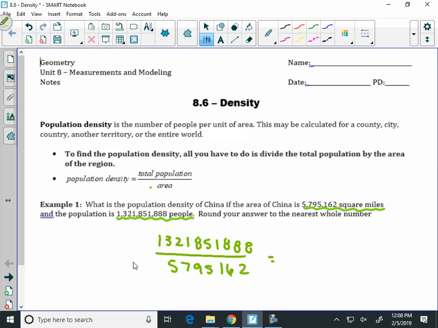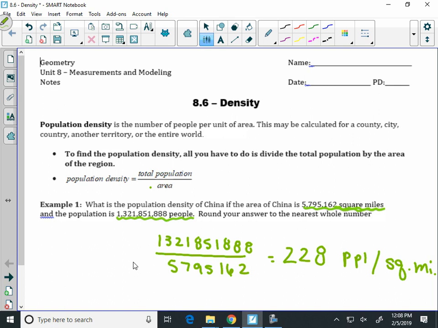When we plug this in and round to the nearest whole number, what do we get? 228. How would we label this? The top part is people, so I abbreviate people, per. And the bottom was our area, in square miles.